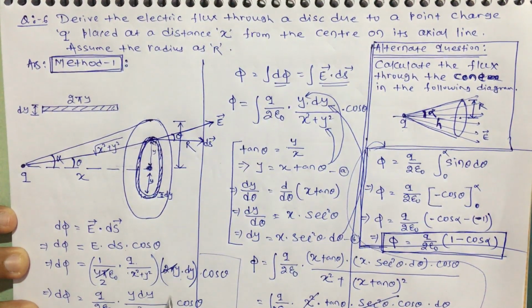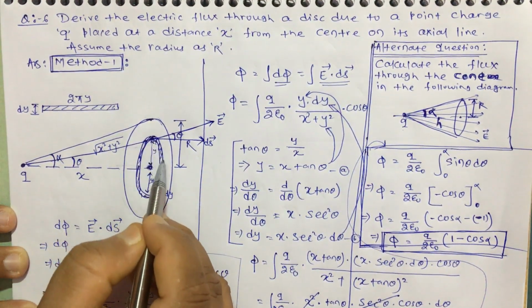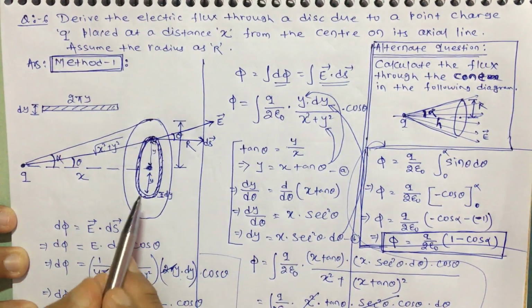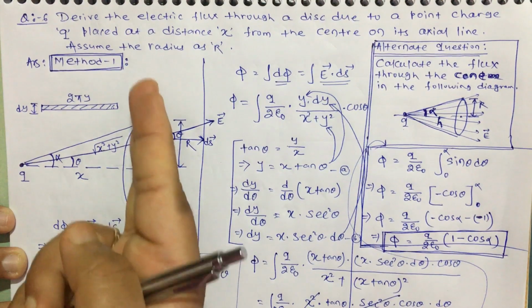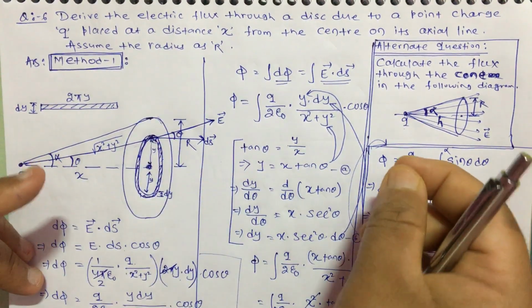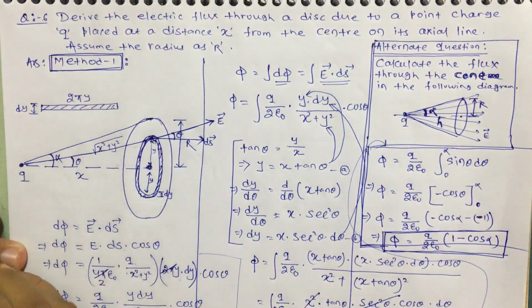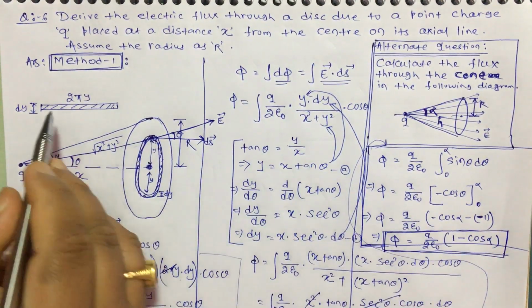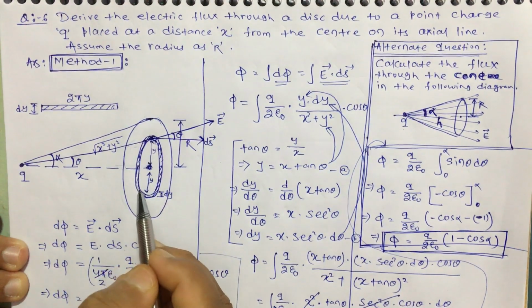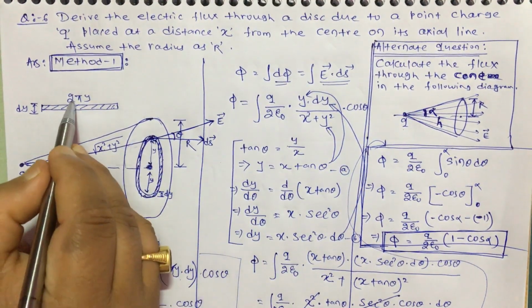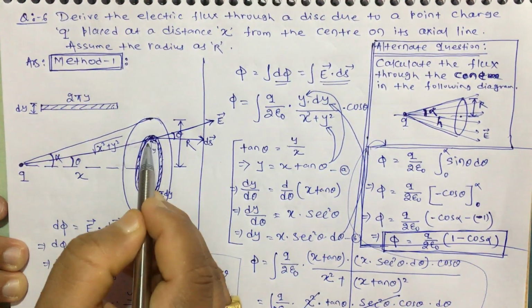Now what is the value of ds? ds means the area of this small ring. To understand the area easily, let me cut this and spread it like this. What will be this length? Because it is a circular one, its circumference will be 2 pi into radius, so this length is 2 pi y.